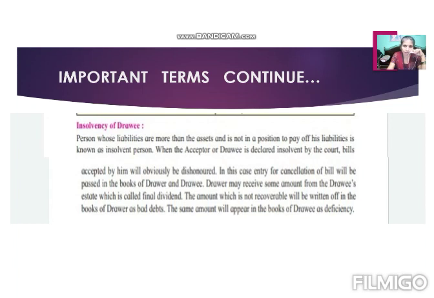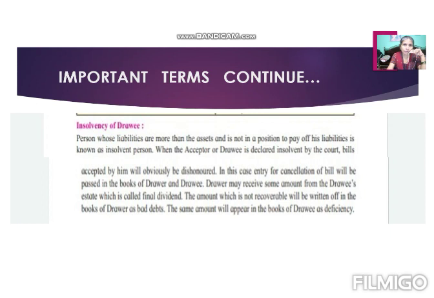At that time the bill gets dishonored, and after selling his private assets, whatever amount the drawee can pay to the drawer, that amount he pays, and the amount which is not paid by the drawee is known as bad debts by the drawer and deficiency by the drawee. Means the amount which is not recovered from the drawee, the drawer calls bad debts and the drawee calls the same amount deficiency.